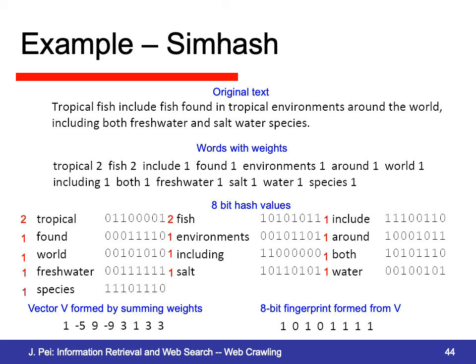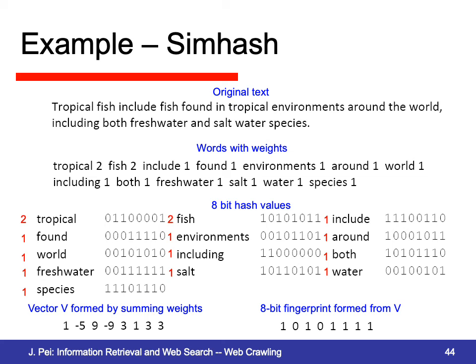For term fish, its count is 2 because you can see there are 2 occurrences here. Then we produce the 8-bit hash values for all the words. Suppose the hash values are shown here, and we also associate with each term the frequency.